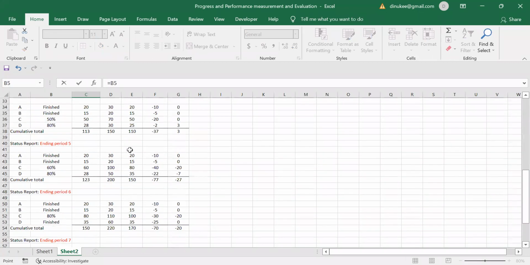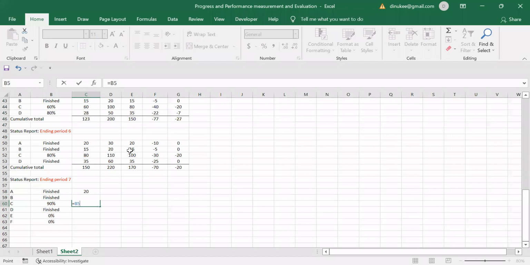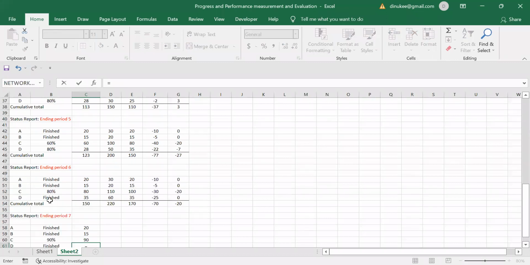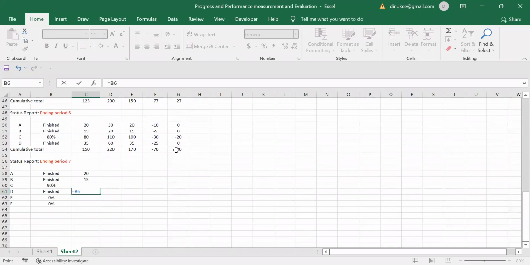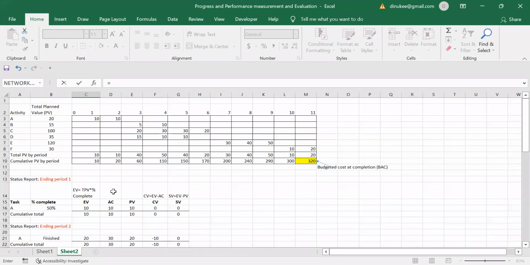So the C activity, still the C activity is 90% completed, right? D activity is already completed now. It is 100% complete. For the E activity, it is 0% complete, means 0, right?